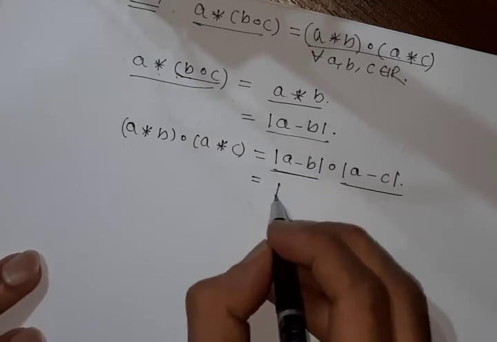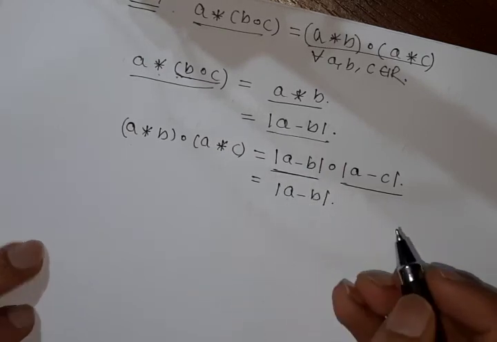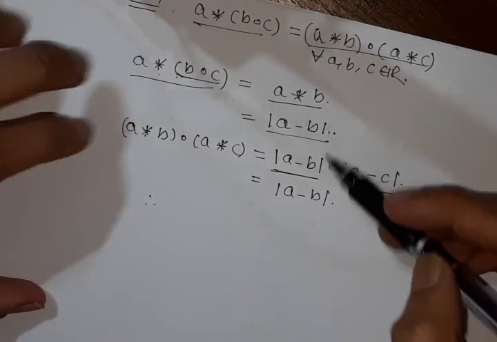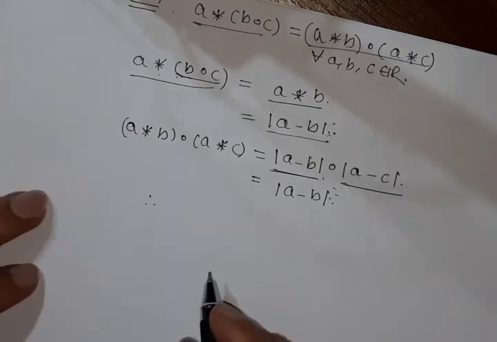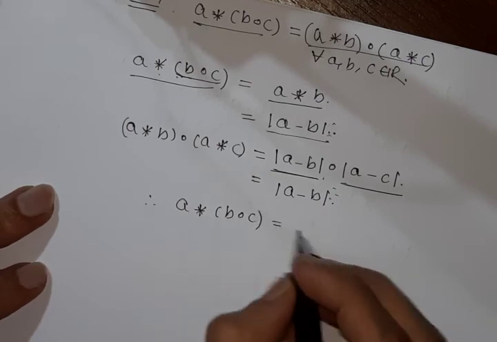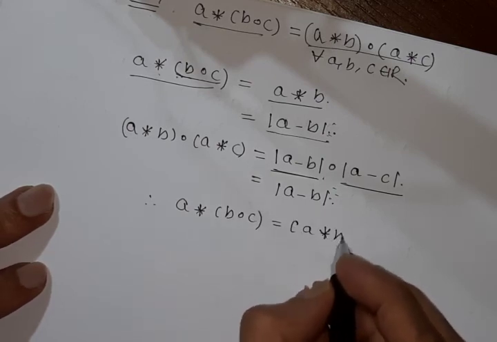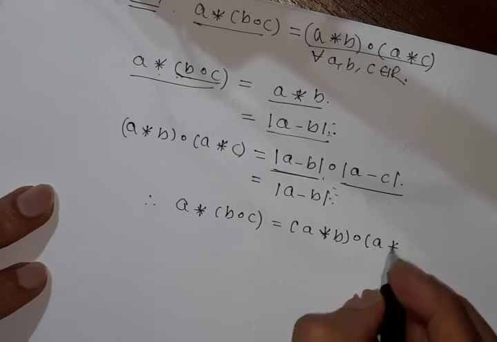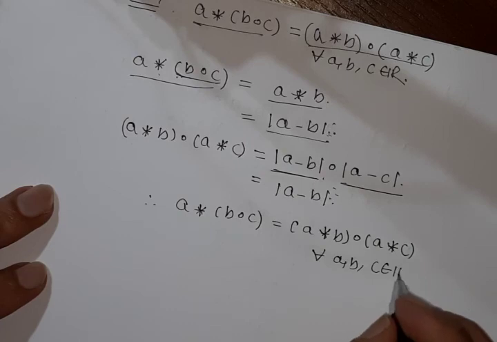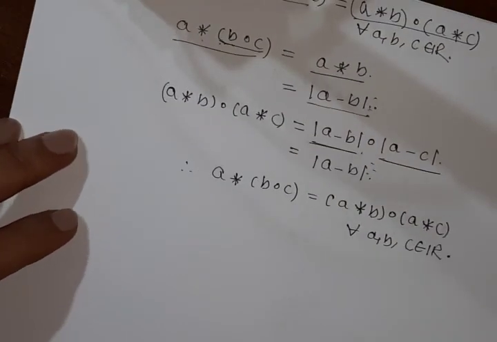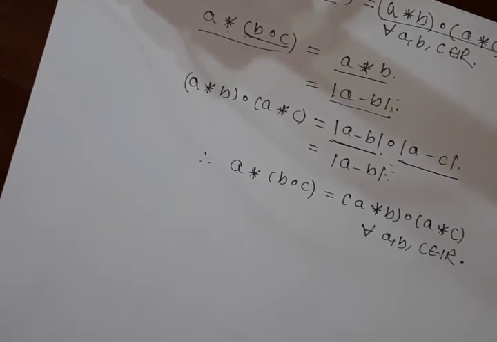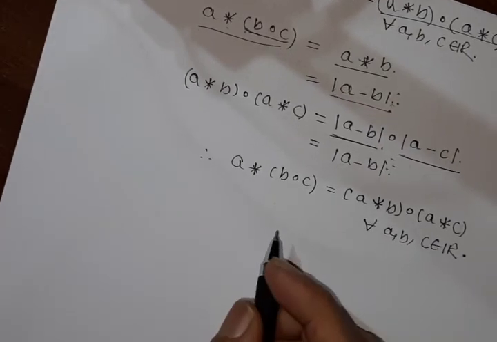So that is modulus of A minus B. Therefore both these are equal, modulus of A minus B. So A star (B O C) is equal to (A star B) O (A star C). Now this is true for all A, B, C belonging to the real numbers. So that was the third part.